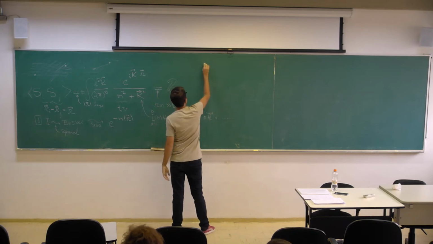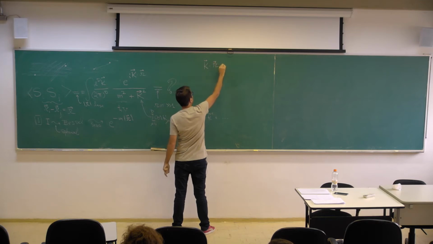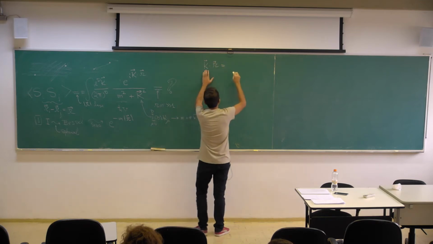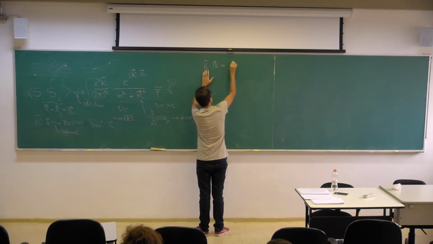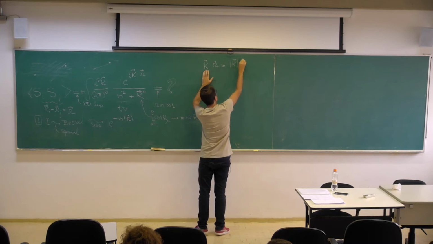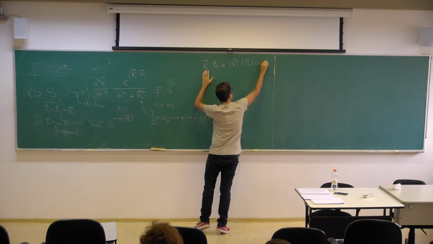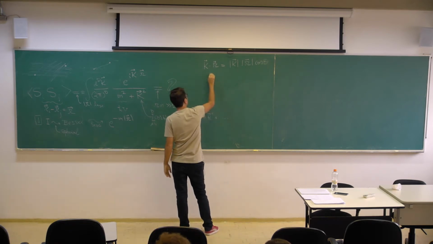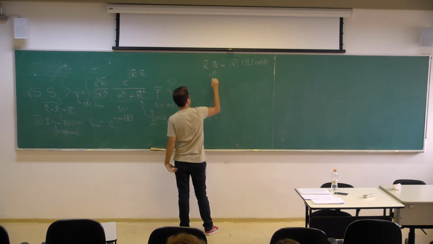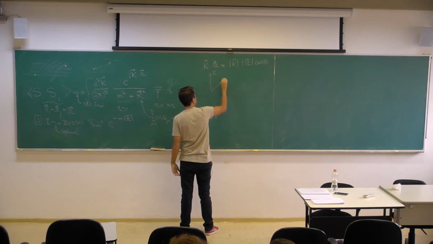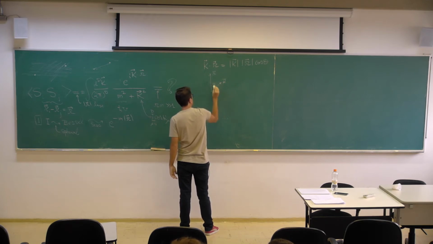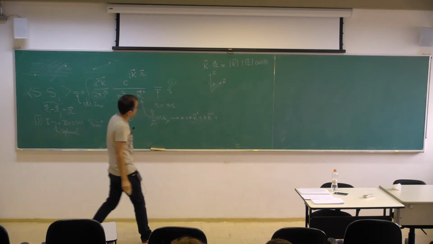Let me do it a little bit schematically because I leave it up to you to figure out all the factors of pi. So this is absolute value of k, absolute value of r, cosine of the angle, right? So if I have r here, k is here, and there is an angle theta between the two, right?